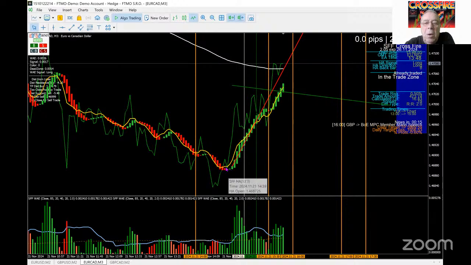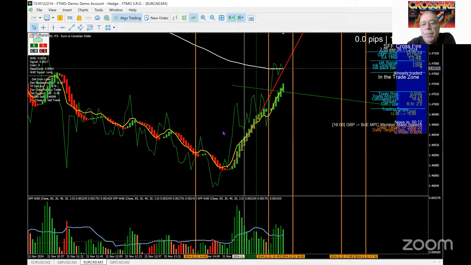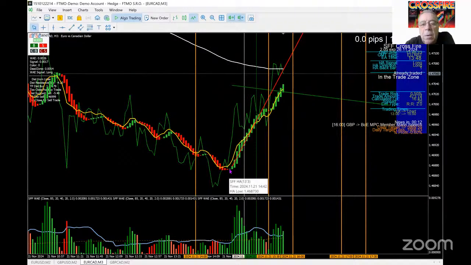So effectively, you're still in an upward change. You've been in the upward movement since 1439, 1442, so it's 3 minutes. So that would be, in real time, 12:42. So you've been in an upward movement.